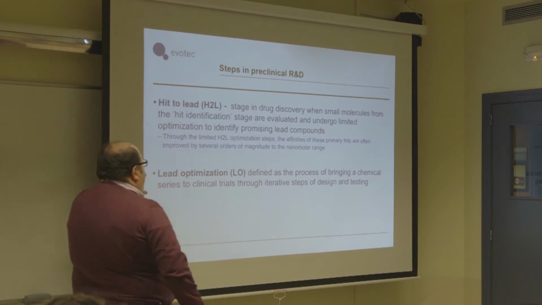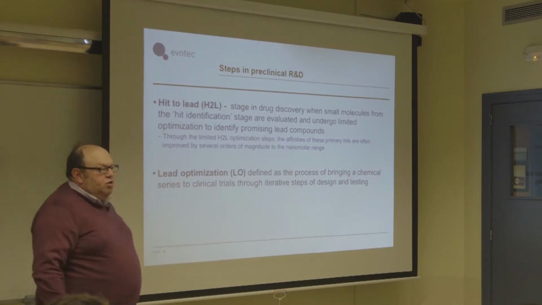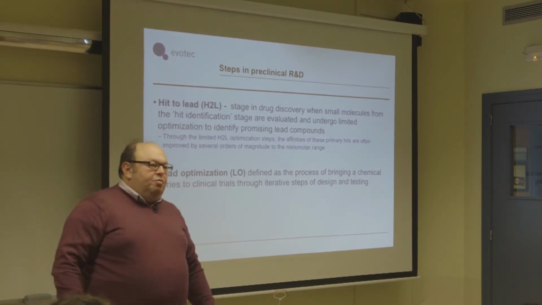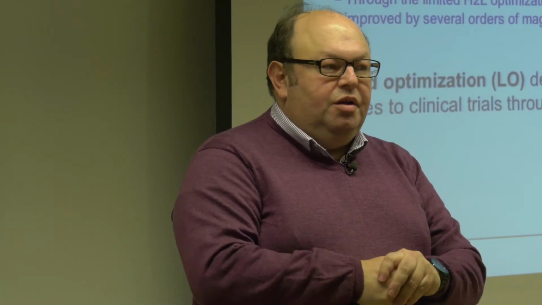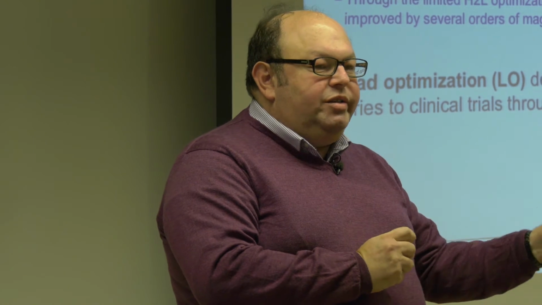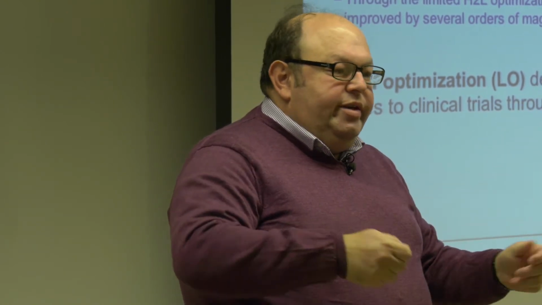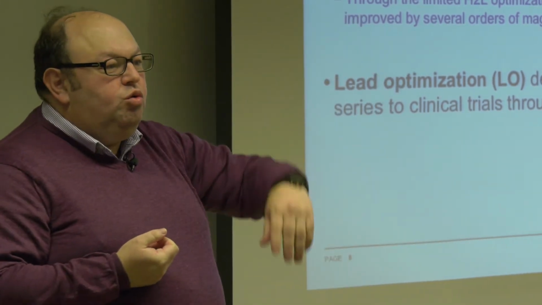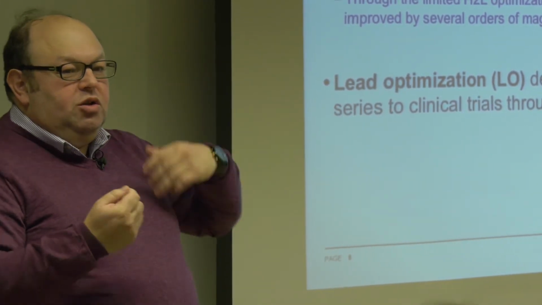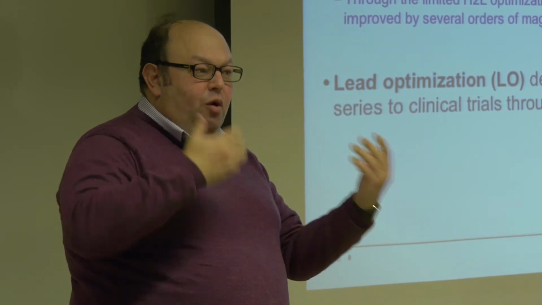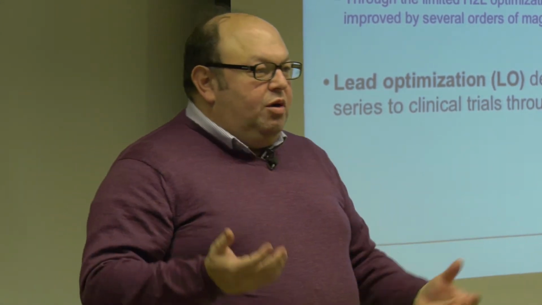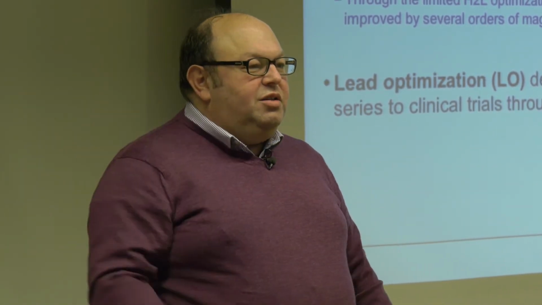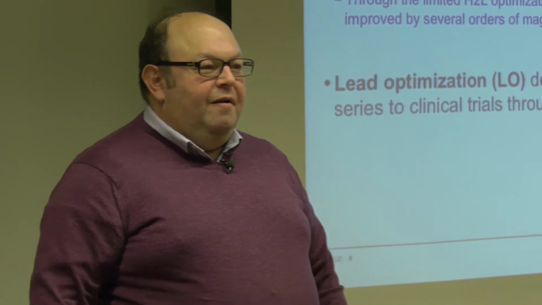There's a lot of debate about this, about hit to lead, because in the old fashion, you find a key, this key is bad, it's rusty, it's not working, it's not rotating, but you're still taking it and trying to do something with it, hoping that you will clean it with time and optimize it, and you will find a golden key in the end.